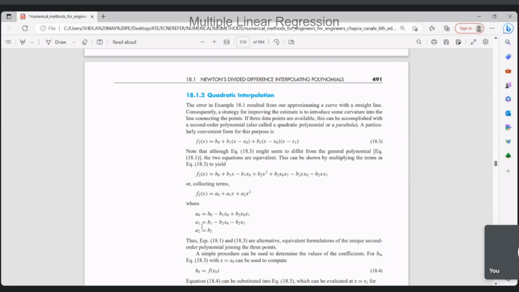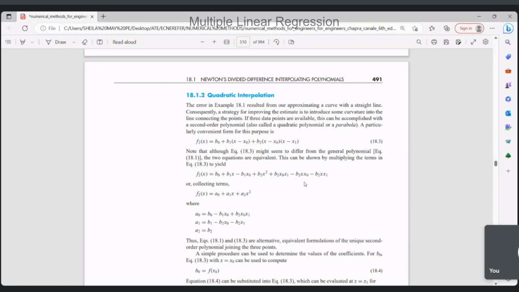Okay, now for the A1, that's B1 minus B2x0 minus B2x1. And ang atong A2 is equivalent ra ni B2.